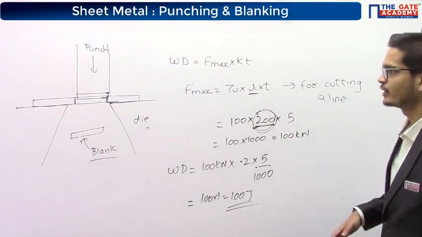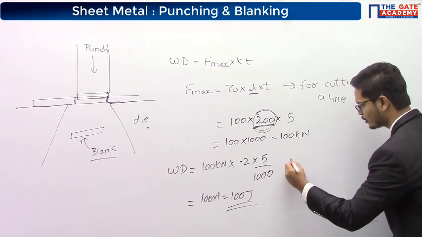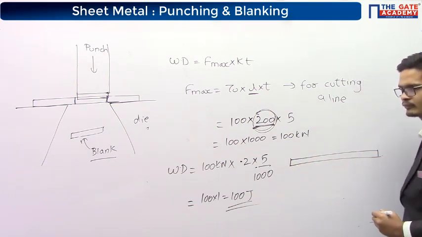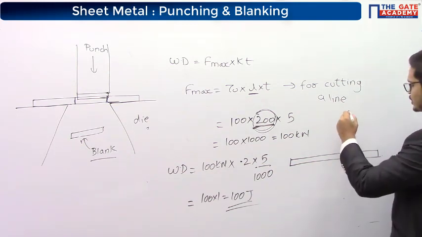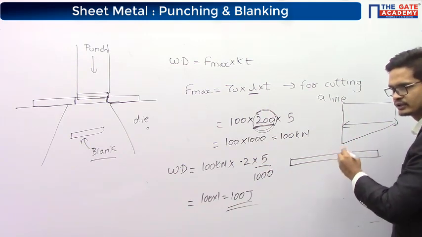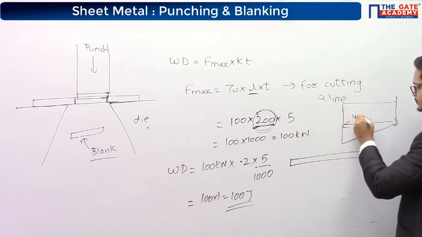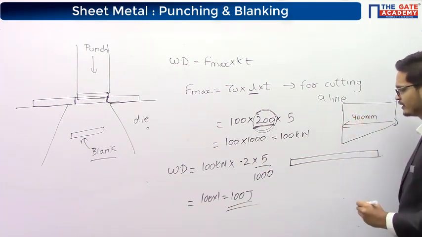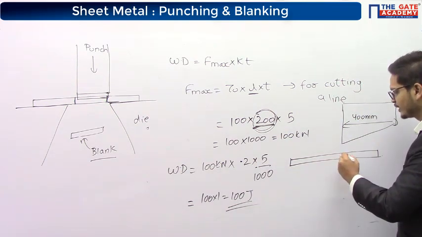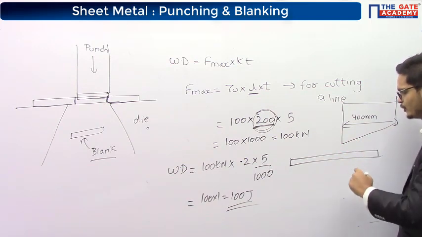What is 200 mm? Let's suppose there is a long plate. Over there is a tool. This tool is of the length 400 mm, and in the question it is mentioned that they are cutting a length of 200 mm.